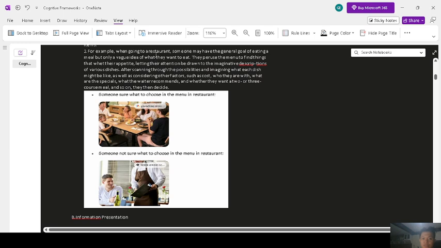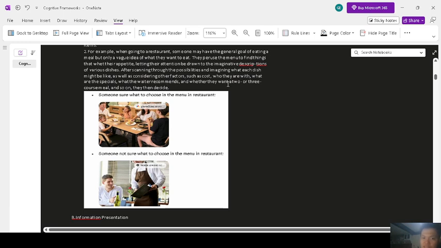For example, when going to a restaurant, someone may have the general goal of eating a meal but only a big idea. They peruse the menu to find things that whet their appetite, letting their attention be drawn into imaginative descriptions of various dishes.